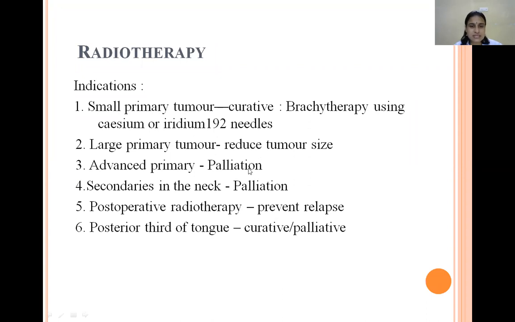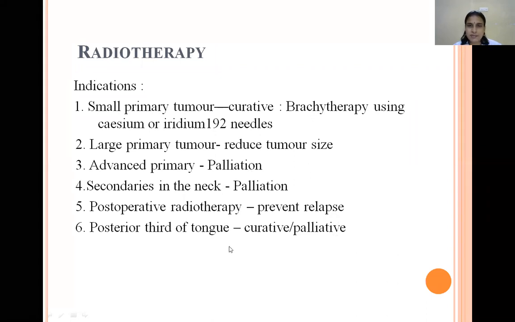In advanced stages, for palliation. Also, when lymph nodes are advanced, fixed and involving the skin, you can go for palliative radiotherapy. Also, postoperative radiotherapy will prevent relapses. On the posterior one-third, I told you surgery is not feasible, not advisable because of its morbid condition. Hence, you can go for either curative or palliative radiotherapy.